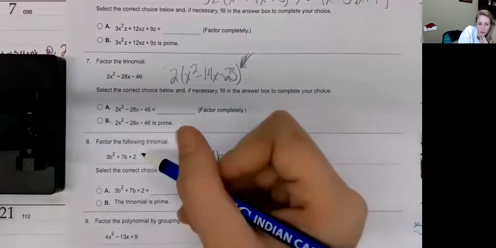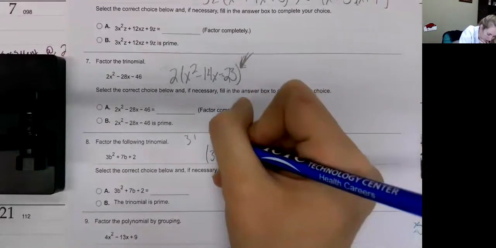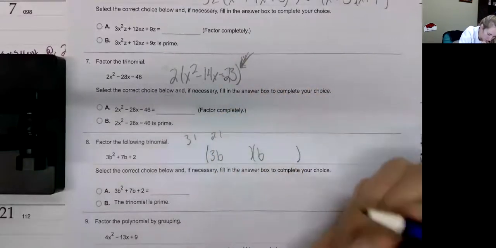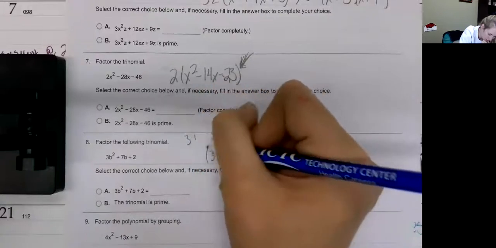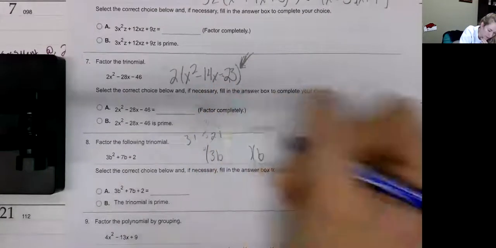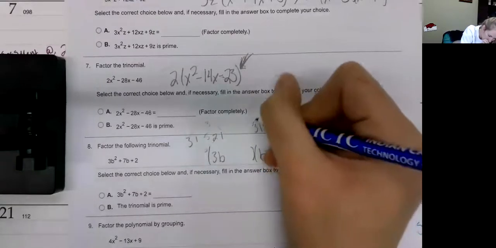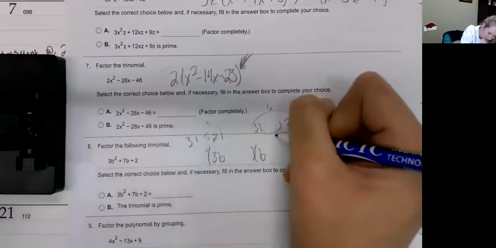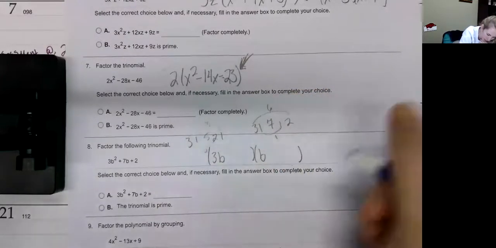So I want to add to get 7. And the only factors of 2 are 2 and 1. So if I did 3 times 1 is 3 and 2, 3 plus 2 is 5, that wouldn't work. But if I did 3 times 2 is 6, 1 times 1 is 1, 6 plus 1 is 7. So we're going to stick with that.